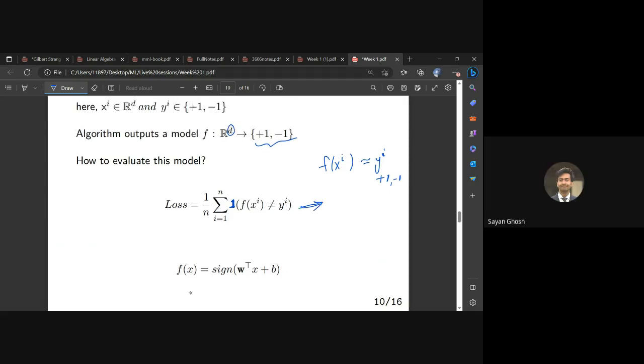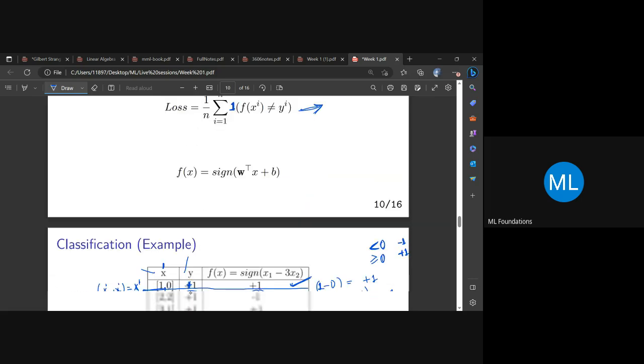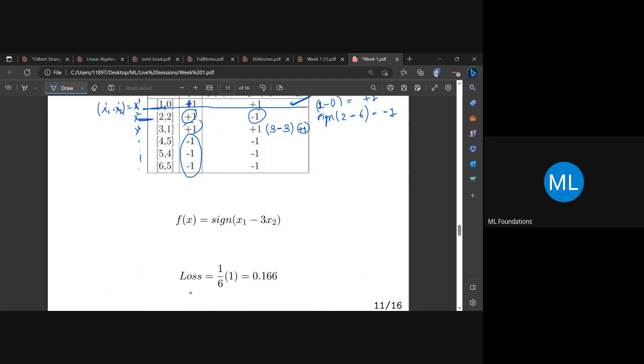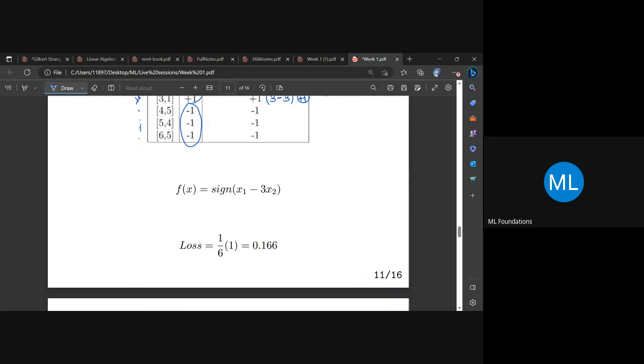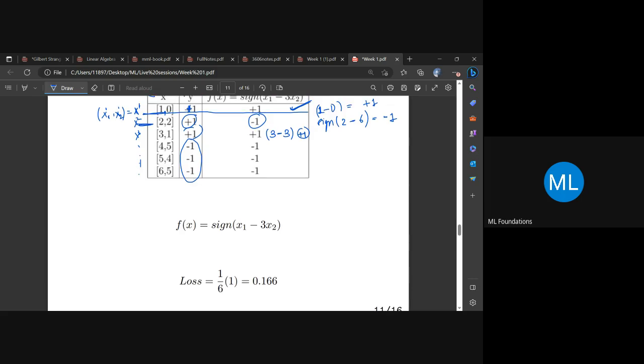So it's 1 over 6. The number of labels which are not correctly identified divided by the total number of data points, so the loss is 1 by 6 in this case.